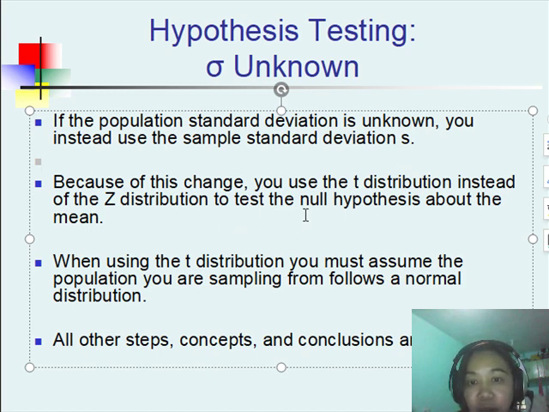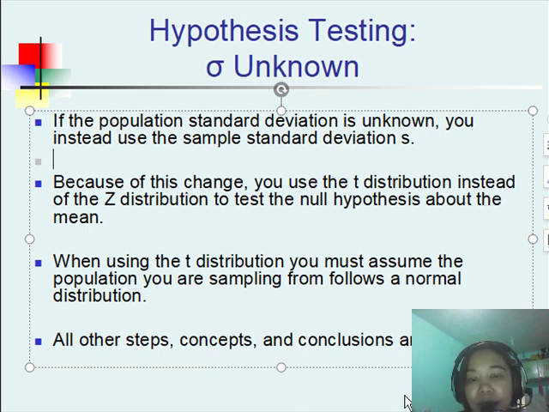Because of this change, you use the t distribution instead of the z distribution to test the null hypothesis about the mean. When using the t distribution, you must assume the population you are sampling from follows a normal distribution. You still assume that it is normally distributed. And then all other steps, concepts, and conclusions are the same.